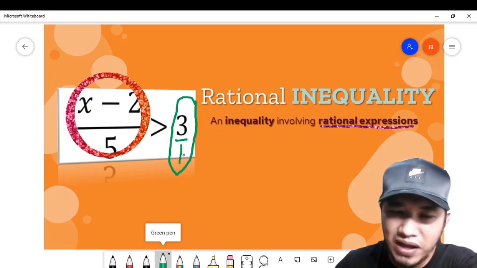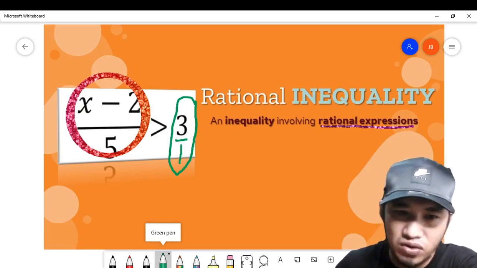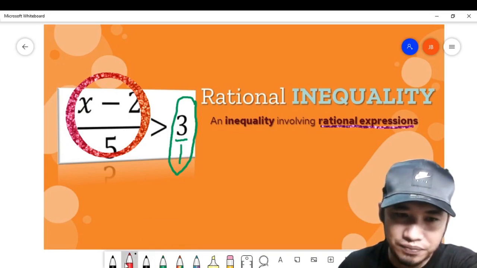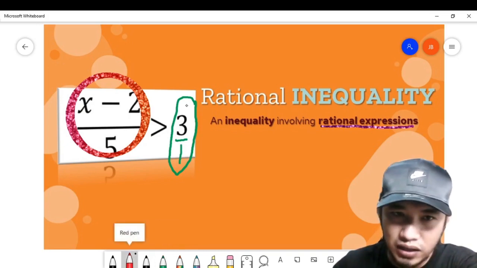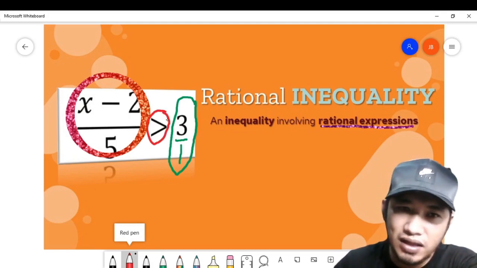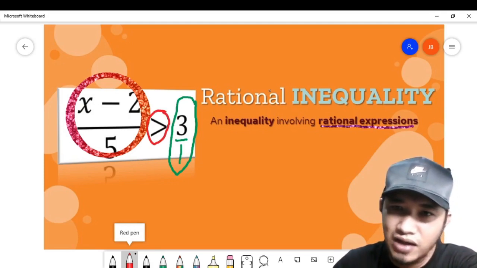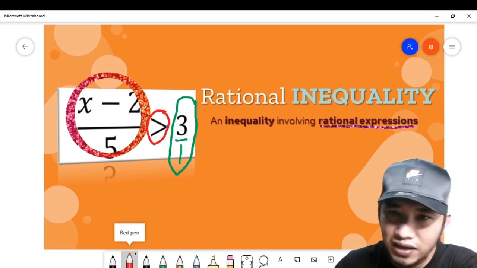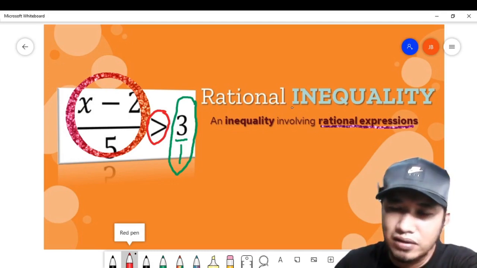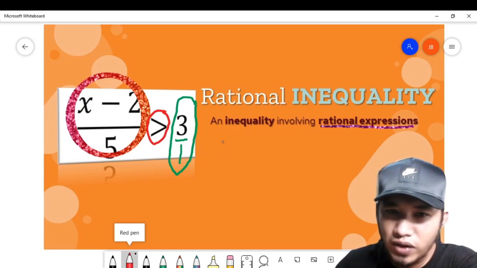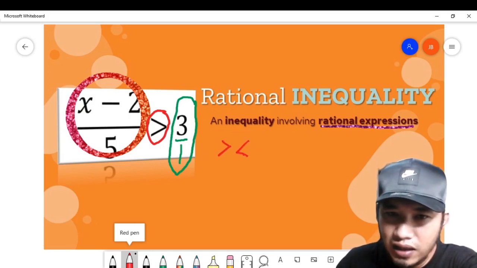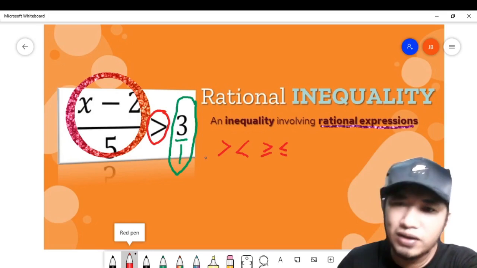So, between the two expressions, you see there is a greater than sign. This means that the greater than sign is an inequality. So, sir, what are the other signs of inequality? We have greater than, less than, greater than or equal to, and less than or equal to.